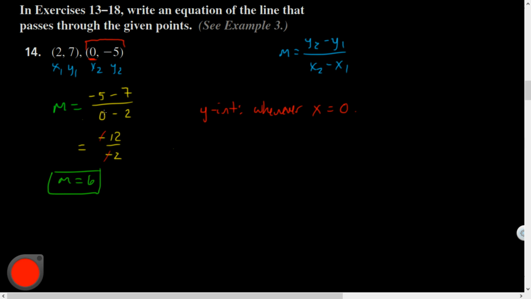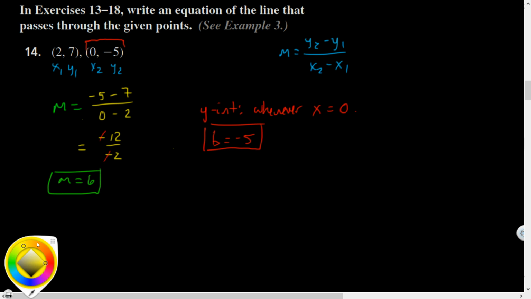Its x-coordinate was 0 the whole time. The phone call came from inside the house, guys. I didn't know it was 0, -5. Oh my goodness, this mystery. Never would have suspected you. I've trusted you. You were one of my points. I used you to find the slope. So b is equal to -5. Right there is my y-intercept.